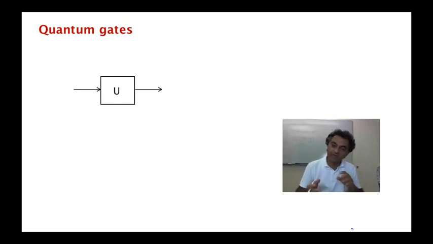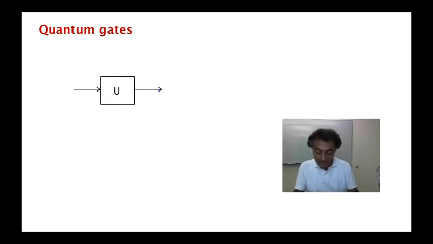So the quantum analog of that, we think of a wire as carrying a quantum bit, and then we have a gate that performs a unitary transformation on that qubit, and the output is carried on the output wire, and that's the output qubit after the unitary transformation has been performed on it.